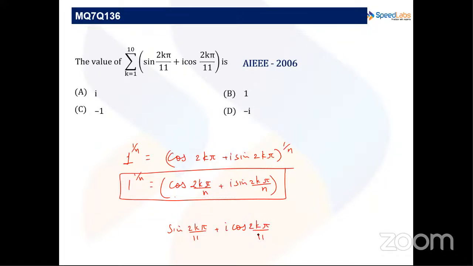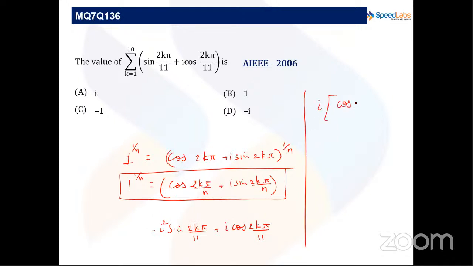So what we can do here is take this as minus 1, we can write minus 1 squared, or write it as minus of i squared and take this i common.